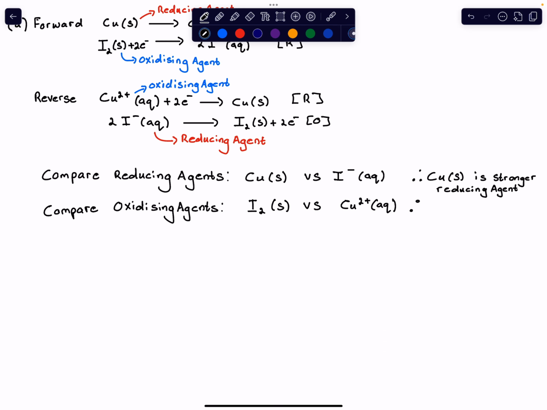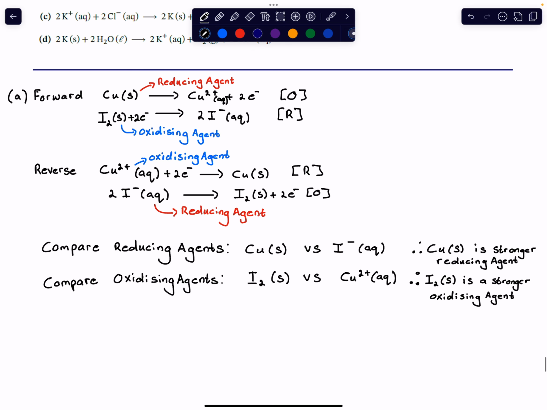All right. So I2 solid is a stronger oxidizing agent. Okay.